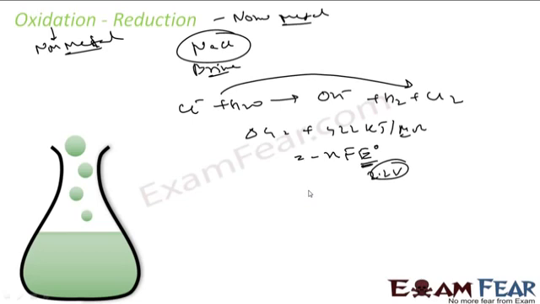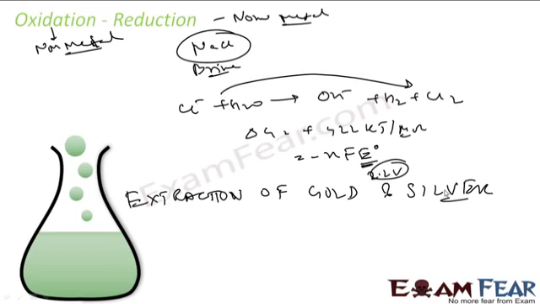This oxidation reduction concept is also used for the extraction of gold and silver. We have told you this in leaching. In leaching, for example, I have gold, then I will use CN minus as my leaching agent, and in the presence of water and oxygen, what you get is a complex compound.